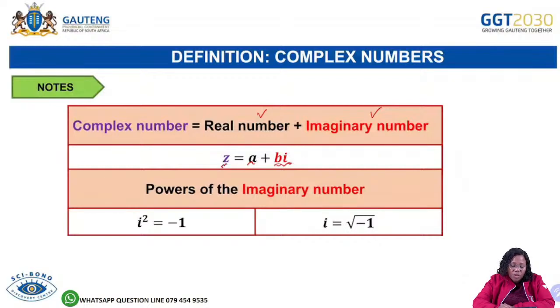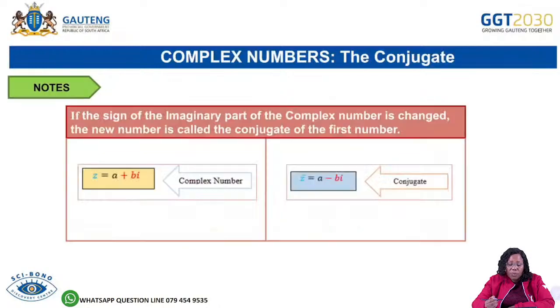This is the notation: z represents the complex number, a is a real number, bi is an imaginary number. Powers of imaginary numbers: if I have i squared, I can remove that i squared and write minus 1. The same applies if I have i, I can write that as the square root of minus 1. Those are the definitions of complex numbers.